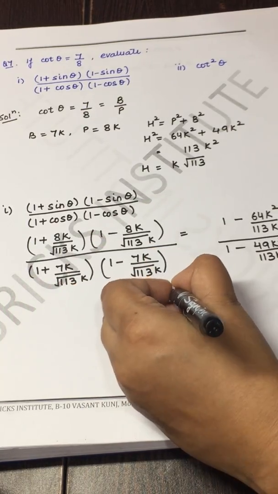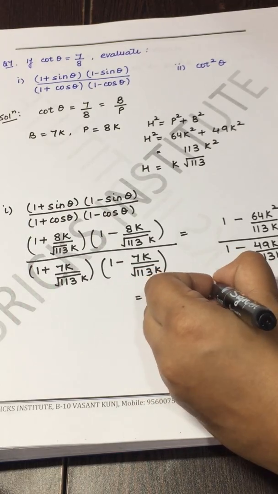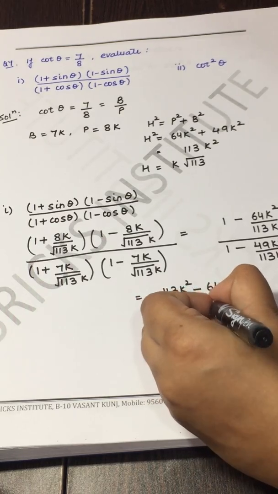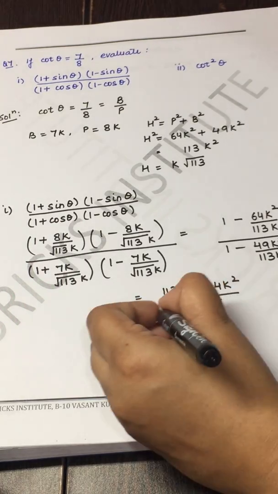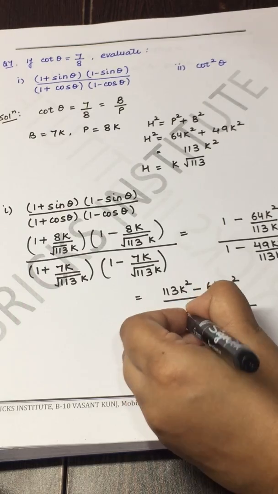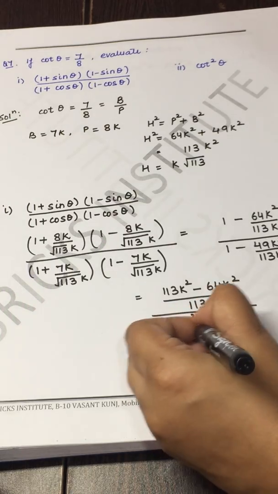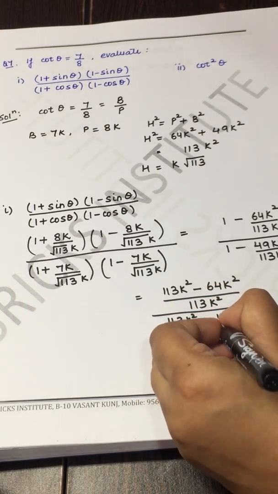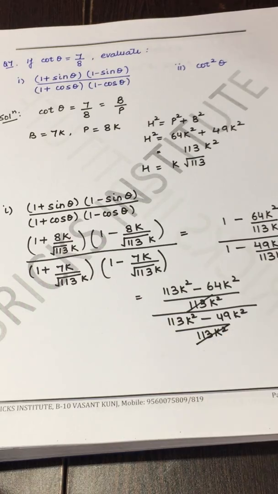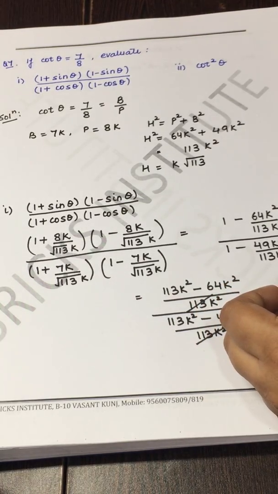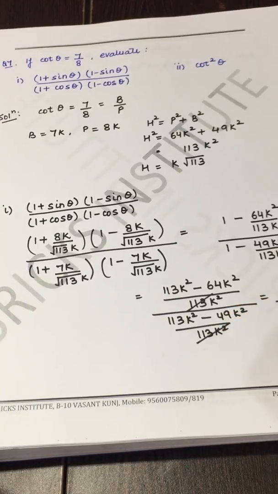So 113 k square minus 64 k square upon 113 k square, upon 113 k square minus 49 k square upon 113 k square. So this and this will get cancelled out. We will get answer as 49 upon 64.